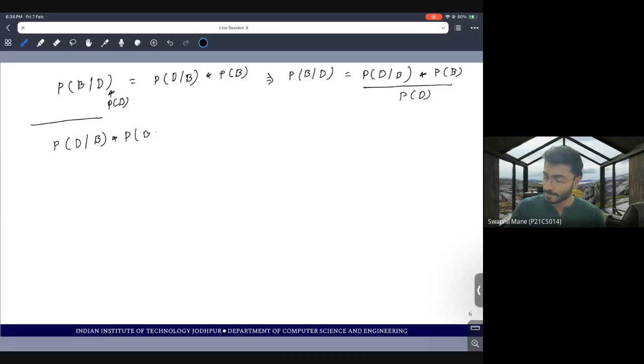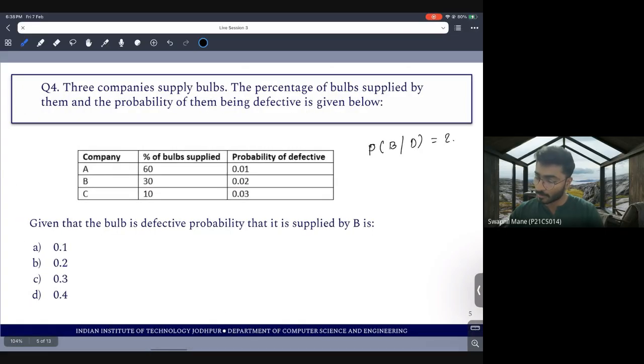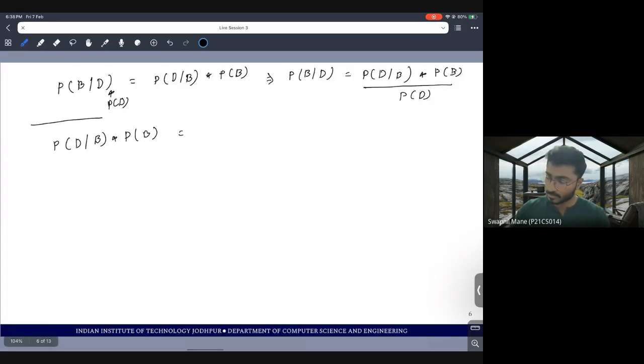Okay. So for this, the probability of defective given B. We have that probability, right? For company B, the probability of defective is 0.2, so we already have this probability.